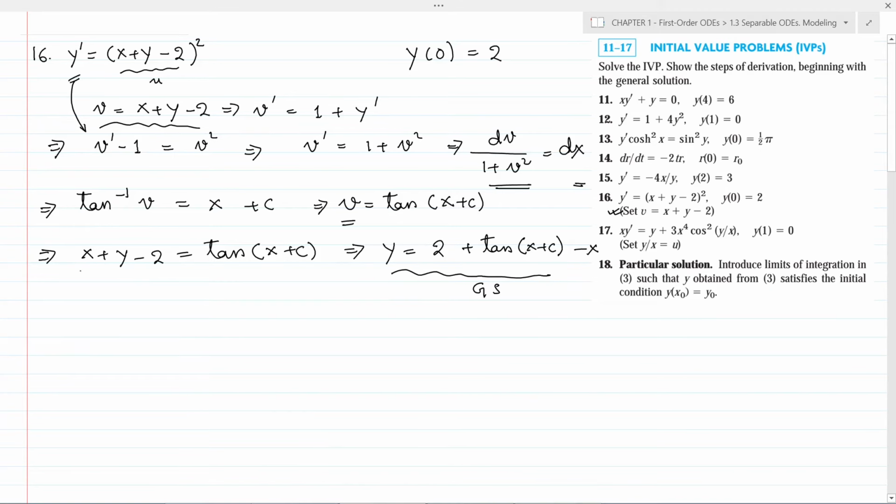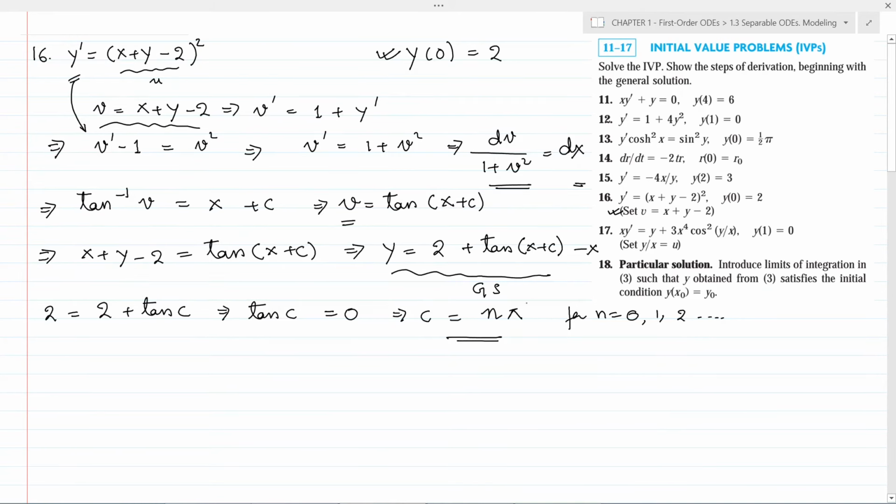We get the particular solution by substituting this initial value condition into the general solution. We get 2 = 2 + tan c, which implies tan c = 0, which implies c = nπ for n = 0, 1, 2 and so on. We substitute this value of c into the general solution to get the particular solution.